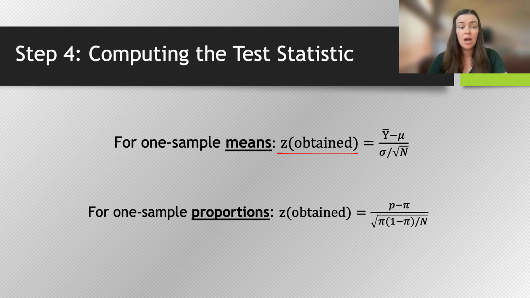But again, for step 4, the only thing you really need to look at here is whether we're dealing with means or proportions. You can see that the formulas here are different from one another. And so if we select it incorrectly, we are not going to get the correct test statistic or z obtained value. So ultimately, our entire calculations are going to be off.